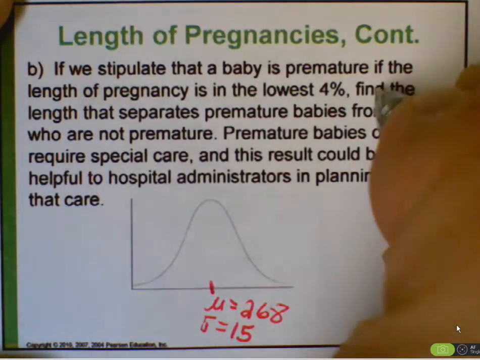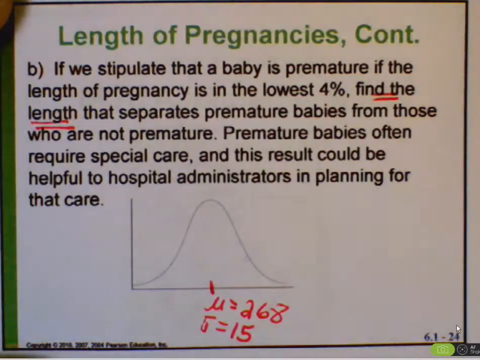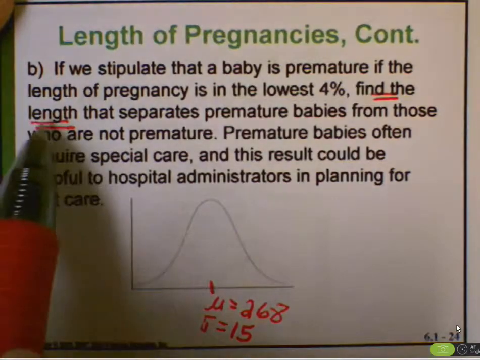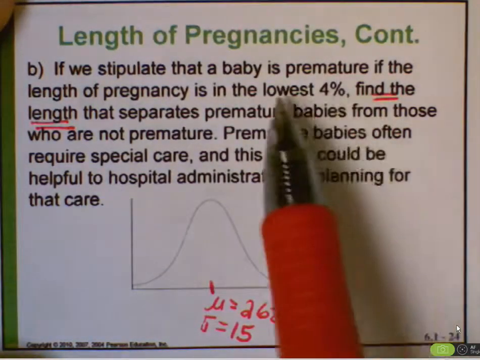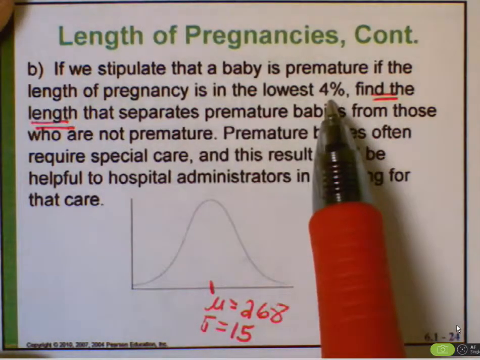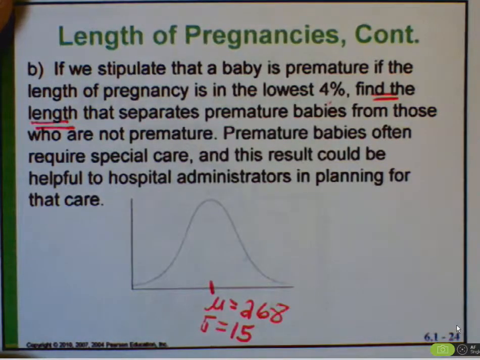Now, the fact that this says find the length, doesn't say find the probability or find the area or find the percent. So I'm not using normal CDF. The length is an X value. I'm looking for an X value that separates the shortest 4% of pregnancies from the longest 96% of pregnancies.